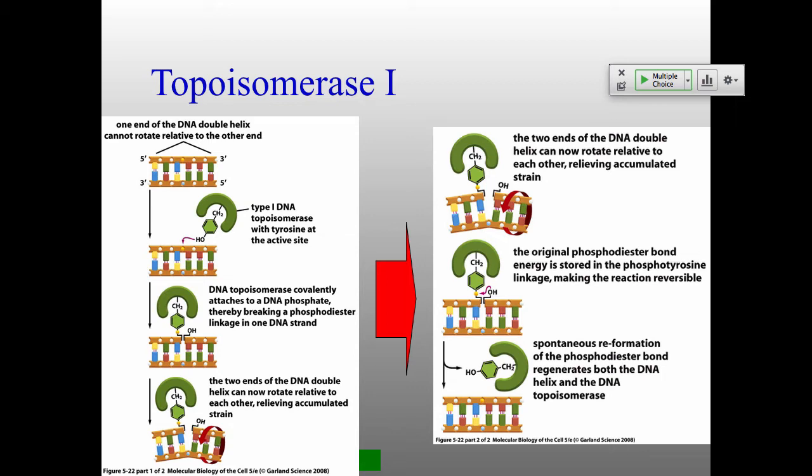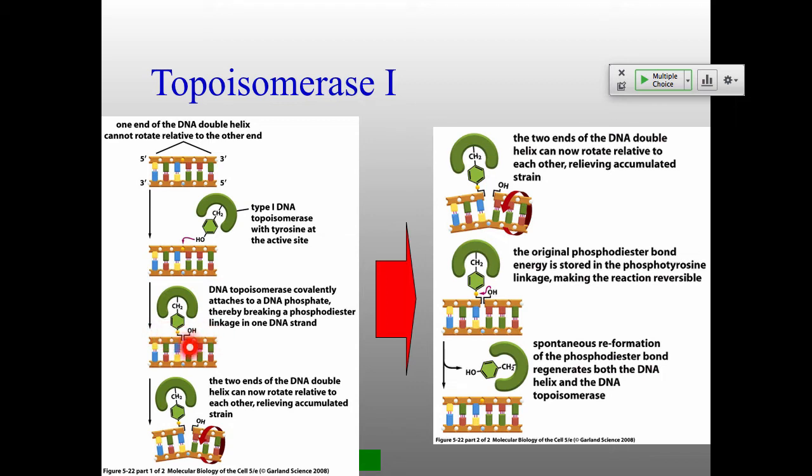This is what happens with topoisomerase 1. You have a double strand of DNA, which gets cut through this type 1 topoisomerase that uses an OH on a tyrosine side chain. Very typical reaction. That OH now is basically pretending to be the 3' DNA backbone. So it binds here.